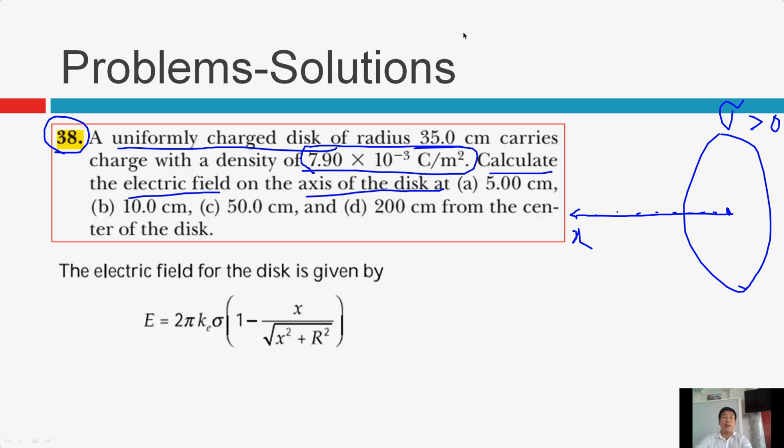And they ask you to calculate the electric field on X here.